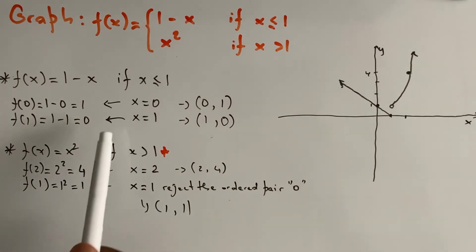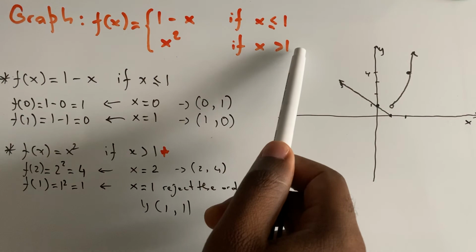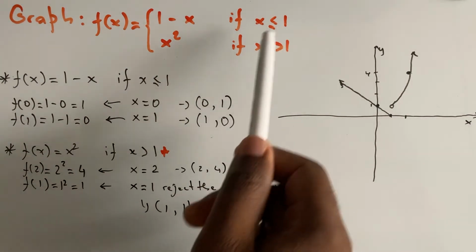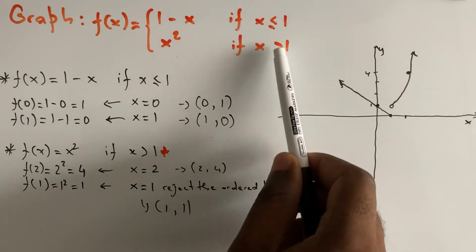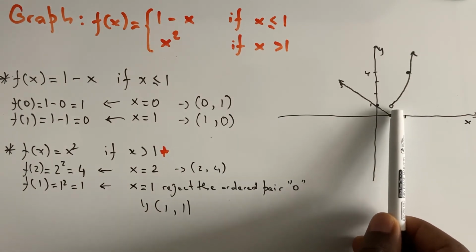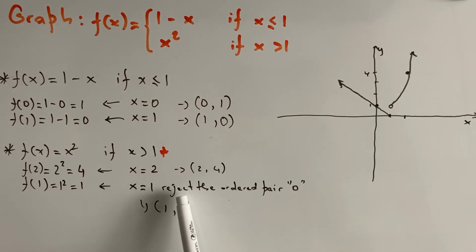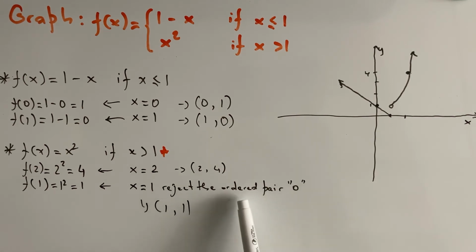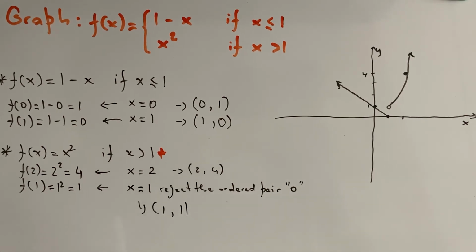Now, for the second piece, if x is greater than 1, not equal to 1, but greater than 1, that's why not equal, so that's why I put an open circle here. Okay, that's why I put this little thing here saying reject the ordered pair. So just to show you that we're rejecting it, okay?